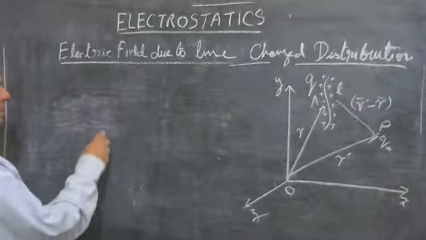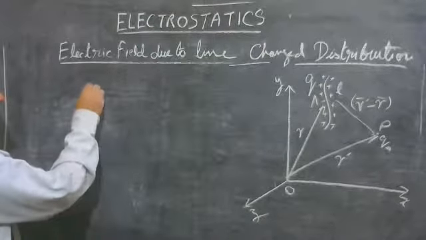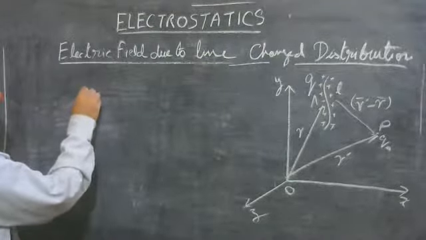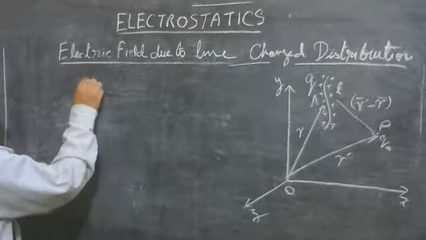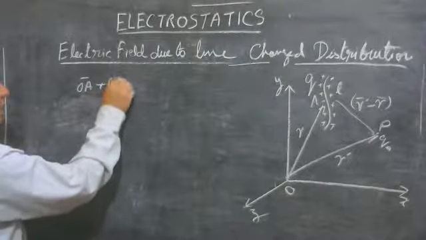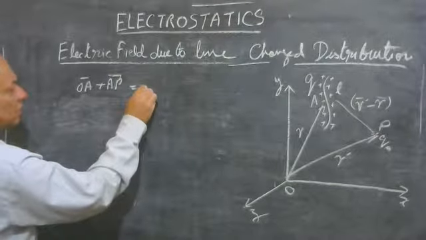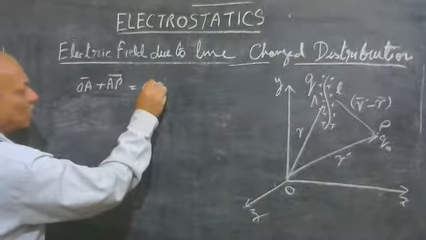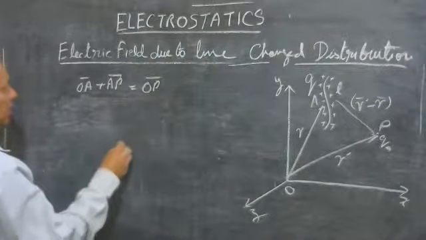Now in 3 dimensions in vector, we know OA vector plus AP vector is equal to OP vector.